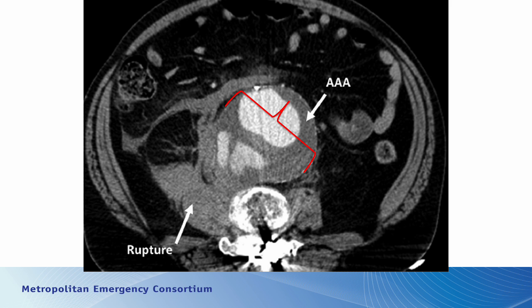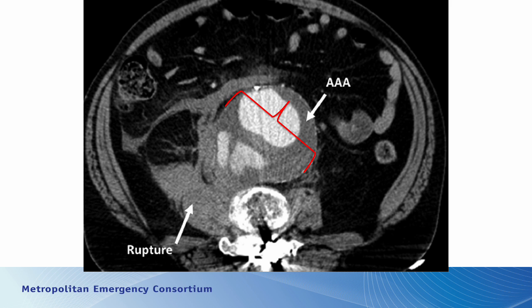So this is a CT of the abdomen with intravenous X-ray dye. You can see the letters there saying AAA. If you look at the red hash mark left to right, those are the outer edges of the aorta. This looks huge. It looks like it's probably 8 or 9 centimeters in size. Typically, the aorta is about 3 centimeters.